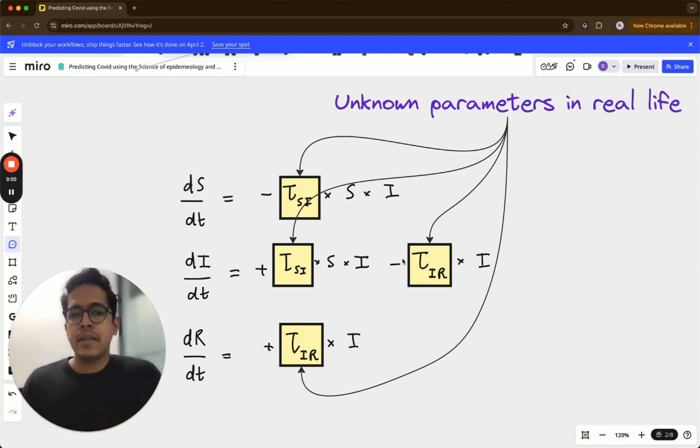A lot of parameters affect the rate of virus spread or the virulence. These parameters are very difficult to identify in real life, which is why the SIR model is not that great to directly use to model virus spread like COVID or any other pandemic.